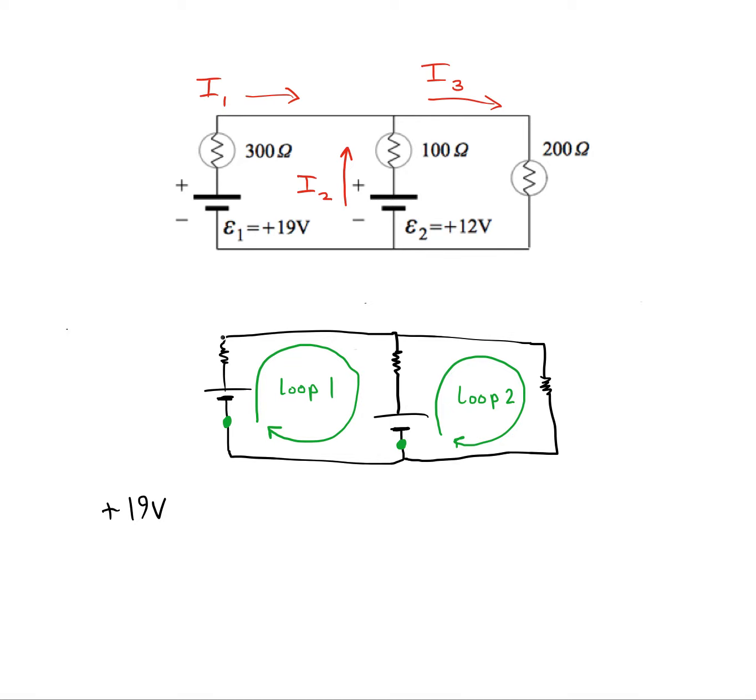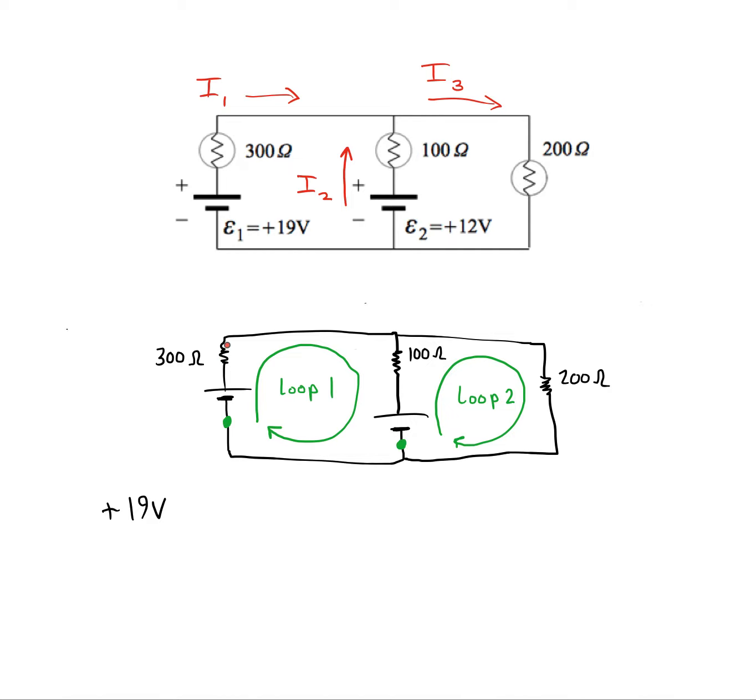After that, though, we're going to be going through a resistor. And I'm just going to quickly write down the resistance, 300 ohms. This one was 100 ohms. This one's 200 ohms.